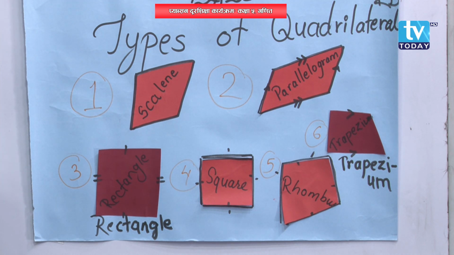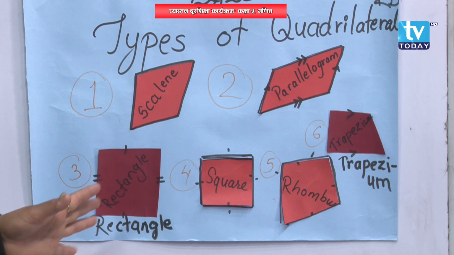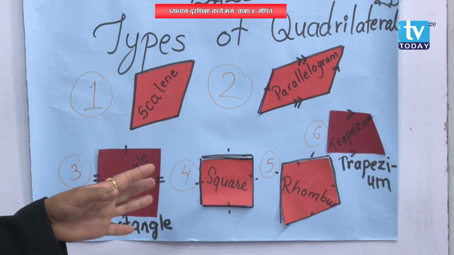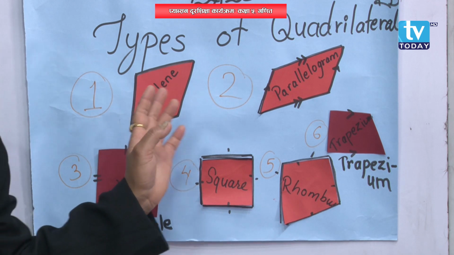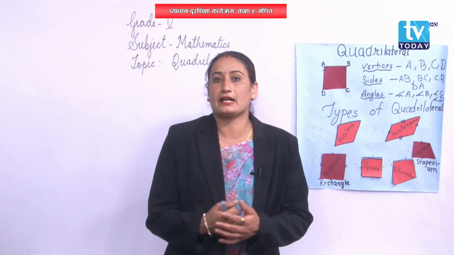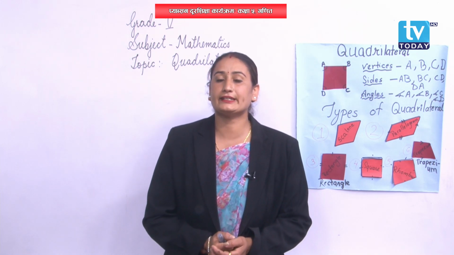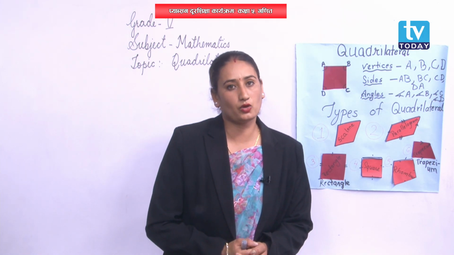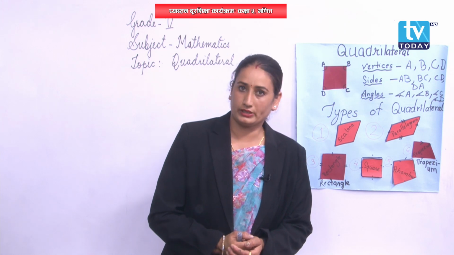Can you give the definition by yourself? Yes, please write it down. A scalene quadrilateral means none of the sides are equal or none of the angles are equal.